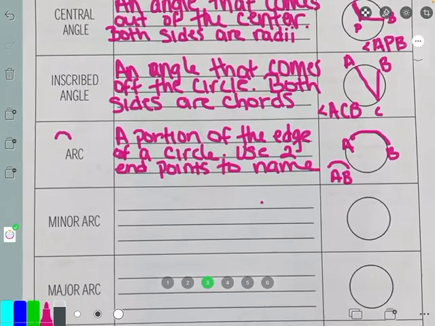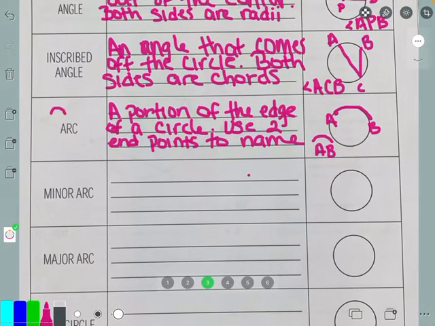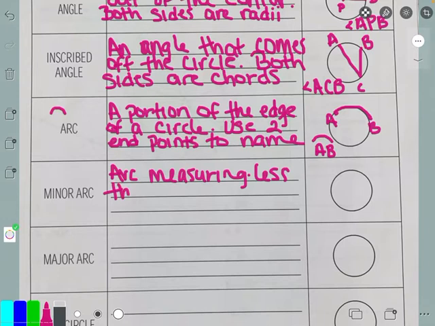So then when talking about arcs, we have two different types of arcs. We have a minor arc and we have a major arc. Minor arcs are arcs that measure less than 180 degrees, so less than half the circle. And for this one, you use two letters.